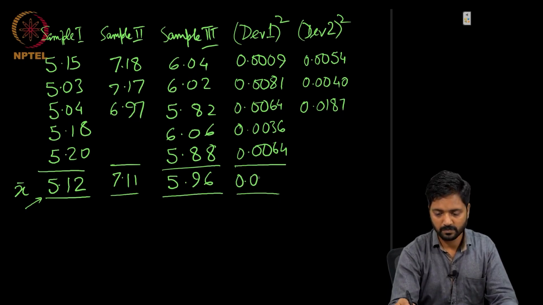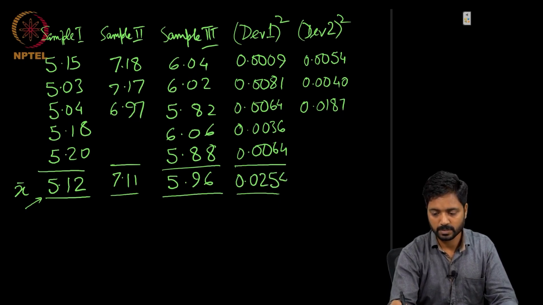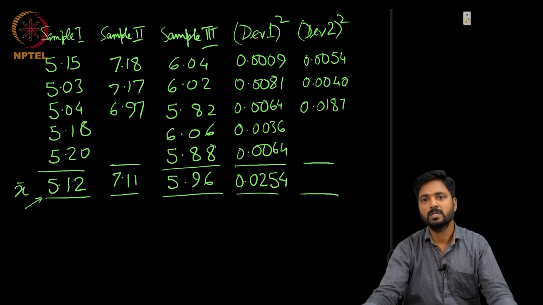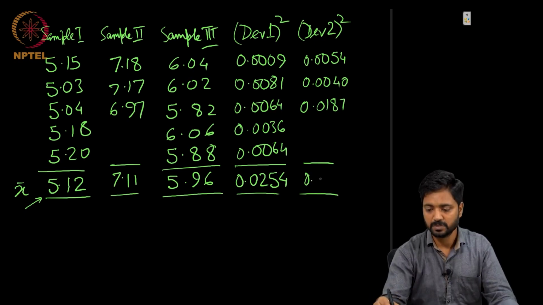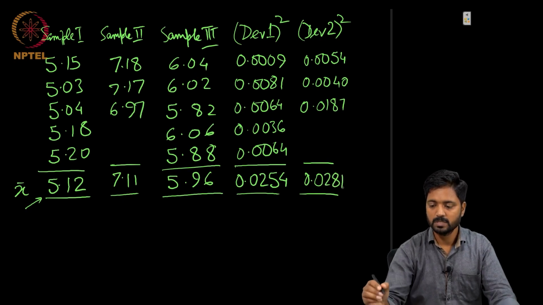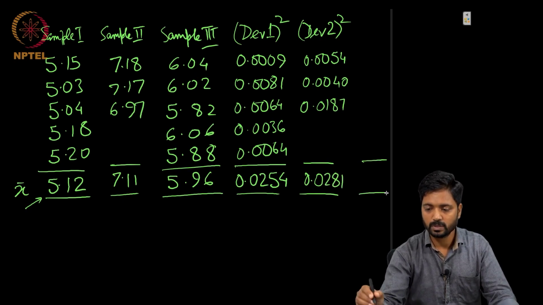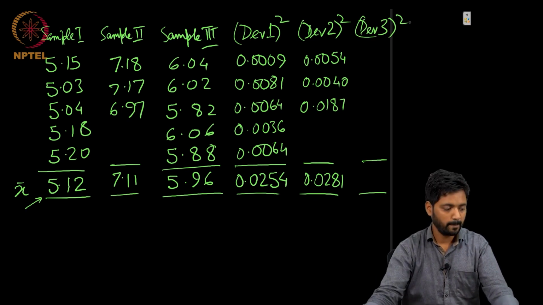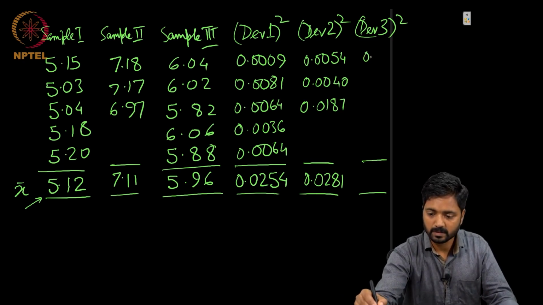This summation will come as 0.0254, while for the second sample the deviation squared summation will be 0.0281. Similarly, for the third sample, the deviation 3 squared value can be generated, and let me quickly fill in the numbers here.